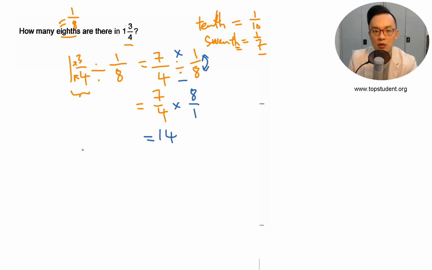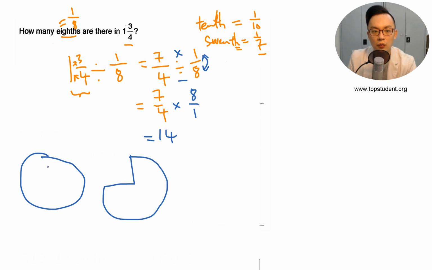There's another way you can solve this. Basically 1 3/4 is 1 whole and 3/4. How many 1/8 are there in 1 whole? There are 8 times 1 over 8, equals 8 over 8, so that's 1 whole. So this part has 8.